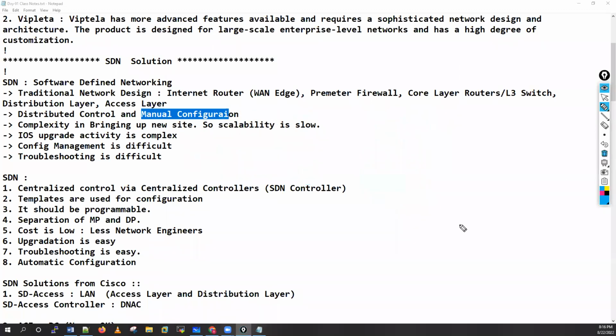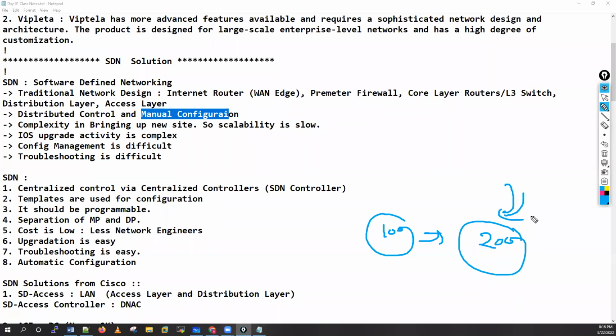Let's suppose you have 100 branches with 200 routers or 200 devices and you want to upgrade these devices. If you upgrade individual devices, it will take months, guys, right? But with this SDN solution, because it has something called an SDN controller, from that controller you can upgrade all these devices in one go.